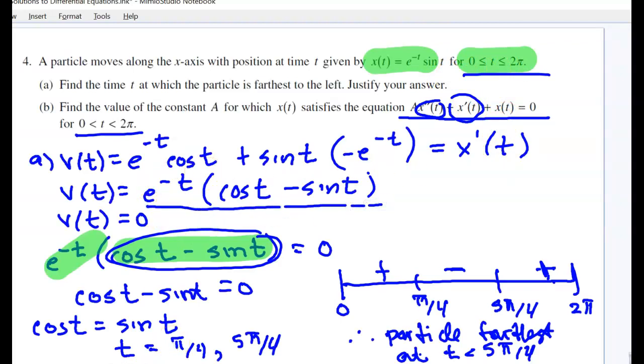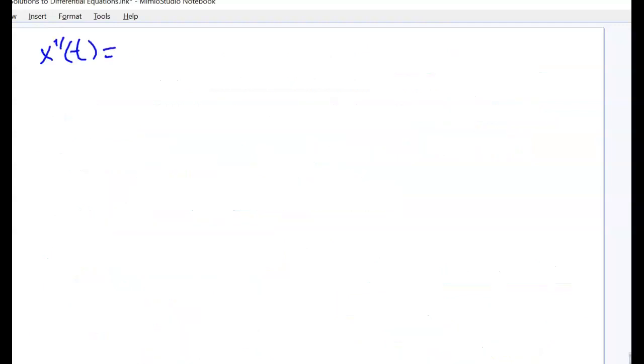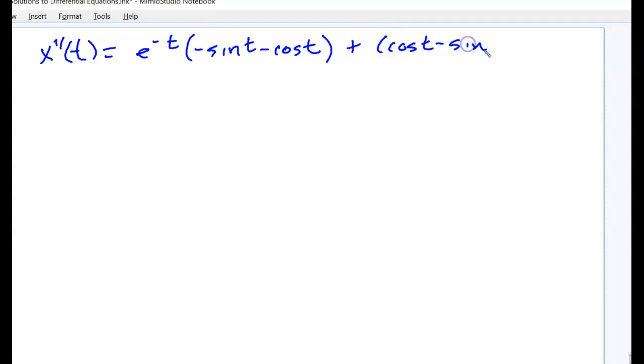So for the second derivative, I have to use the product rule with this guy here. It's going to be the first function, e to the negative t, times the derivative of the second, which is going to be negative sine t minus cos t, plus the second function, which is cos t minus sine t, times the derivative of the first, which is negative e to the negative t.